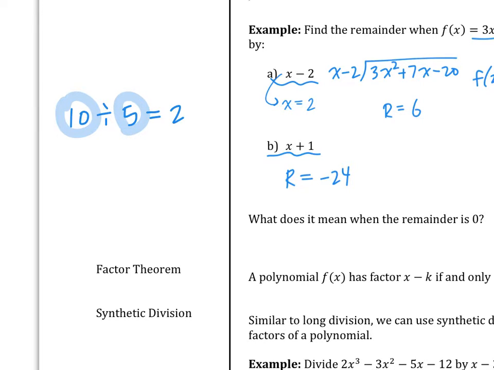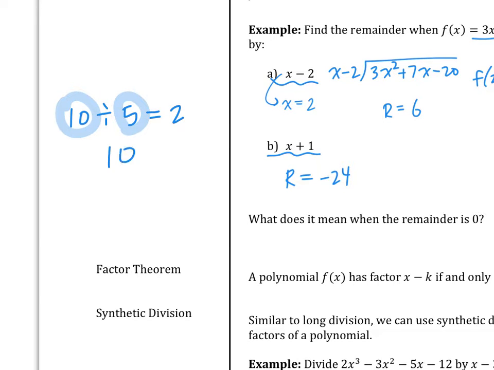If 10 divided by 5 is equal to 2 with no remainder, what do we say about 10 and 5? 5 is a what of 10? We usually say 5 goes evenly into 10, right? Something like that. Or 5 is a factor of 10.